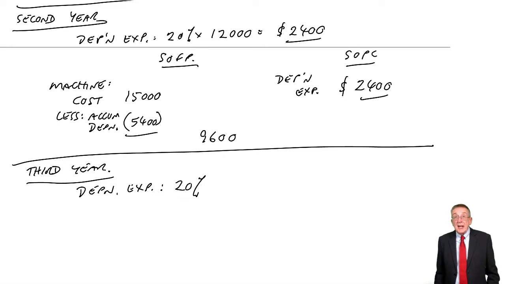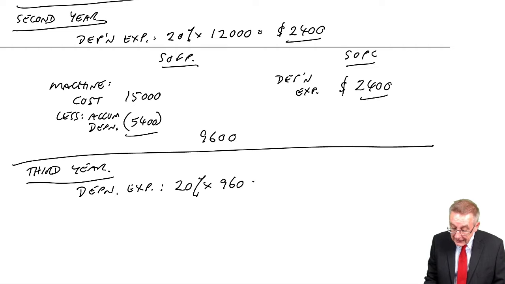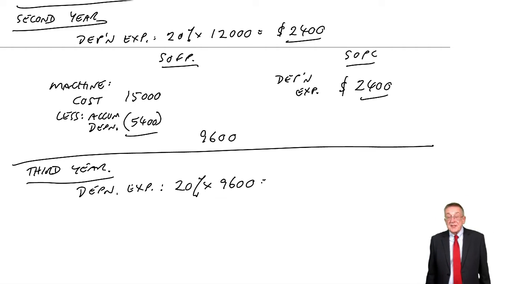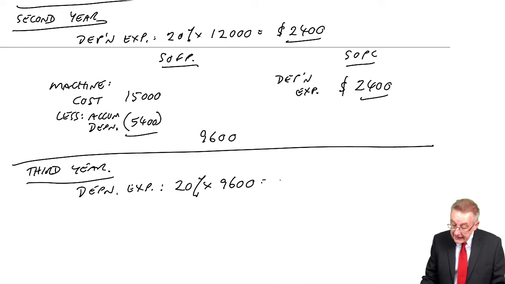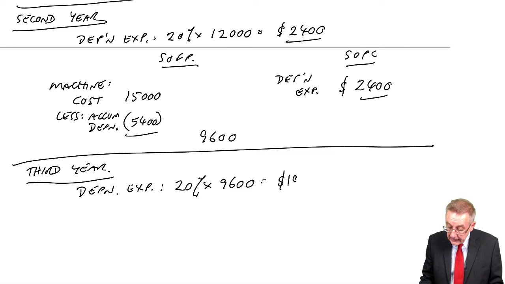And of course, at the end of the second year, the value had gone down to 9,600. 20% of 9,600 is 1,920. And so there is the expense in the statement of profit and loss.